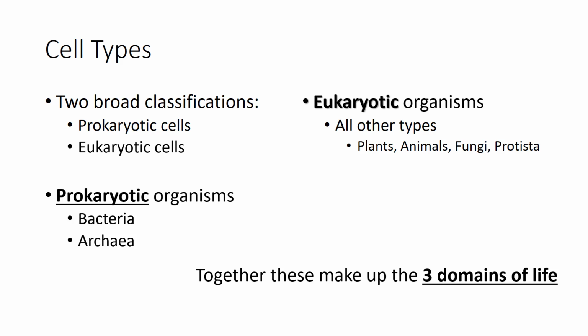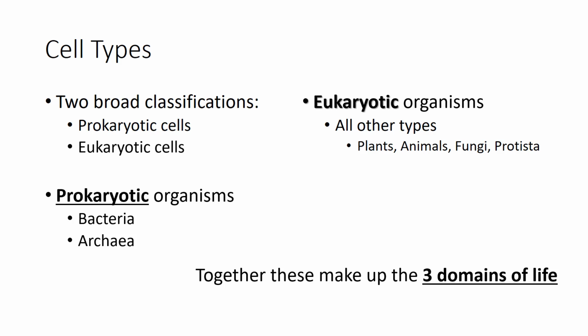Now, a little bit confusingly, these two broad groups of cells are actually divvied up into what are called the three domains of life. As a real quick backstory, there used to be only two domains of life, which were the prokarya and the eukarya. Today, they've divided the bacteria and the archaea into their own domains, along with the eukarya domain.